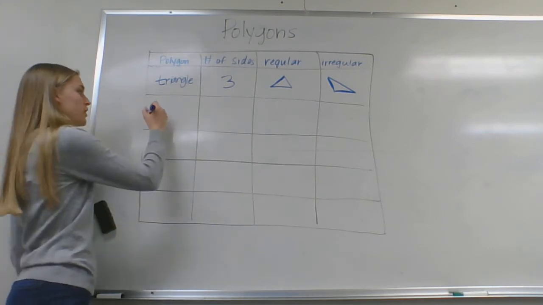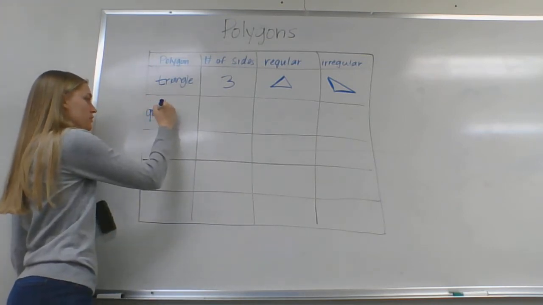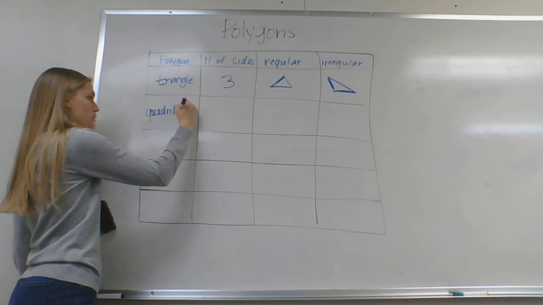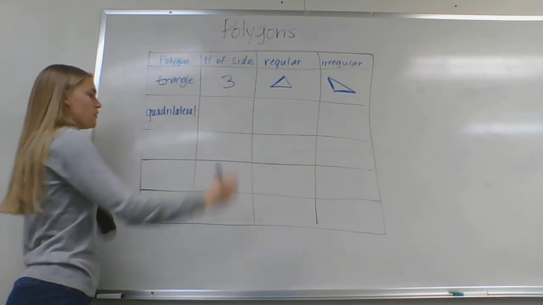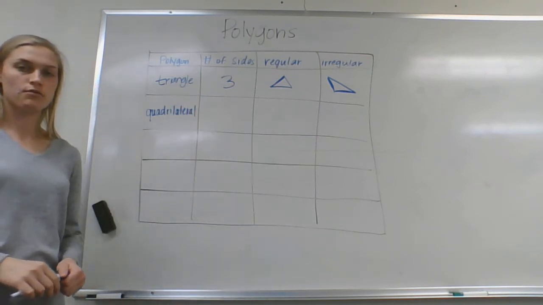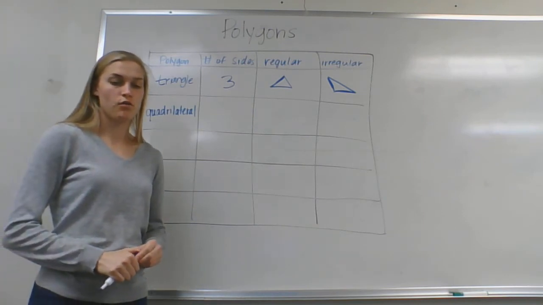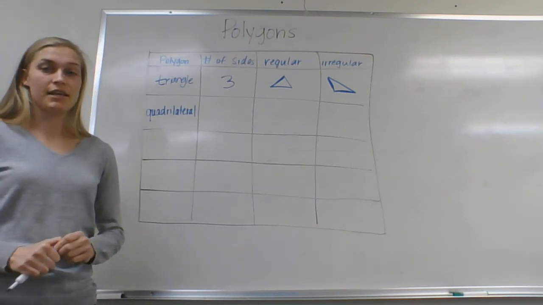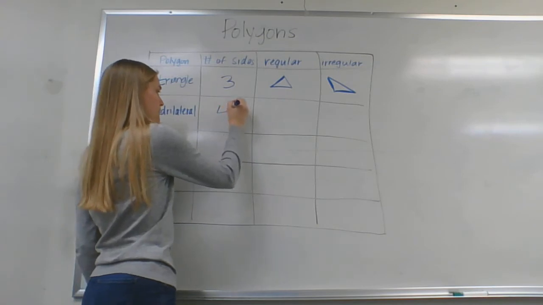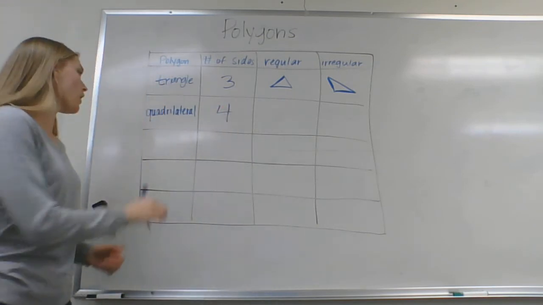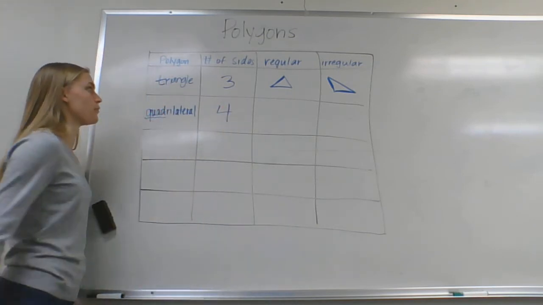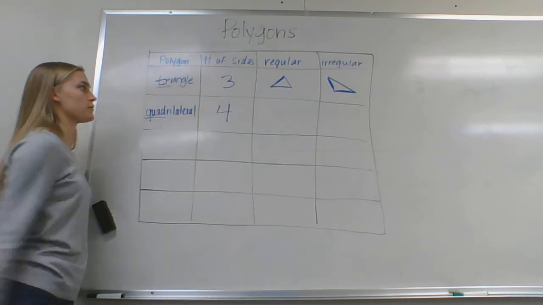Okay, next we're going to talk about quadrilaterals. Right, a quadrilateral is a four-sided polygon. Quad means four. Tri means three.